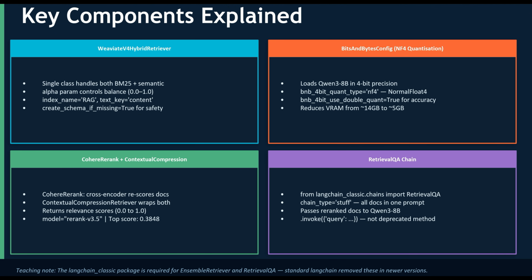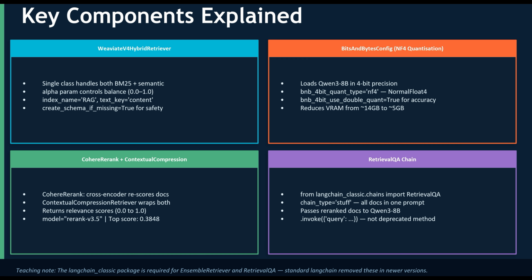Now let me break down each key component so you understand exactly what you are importing and why. The Weaviate V4 Hybrid Retriever is the star of the retrieval phase.